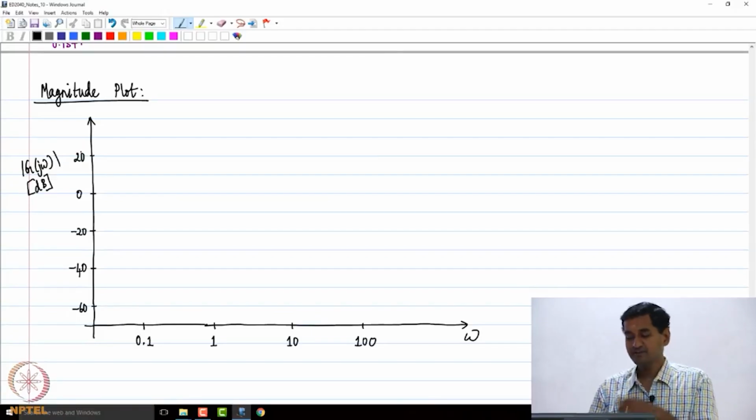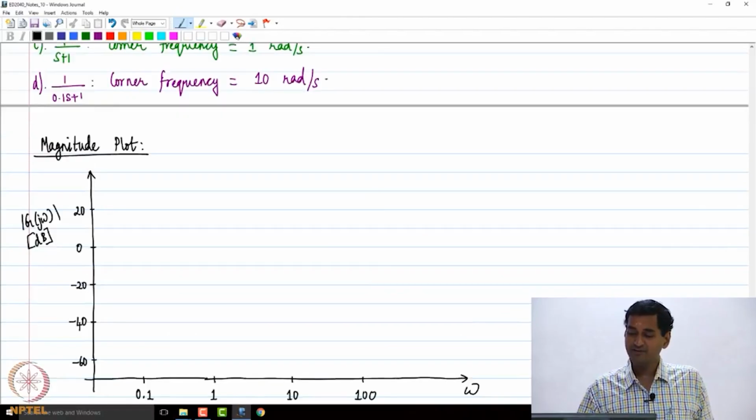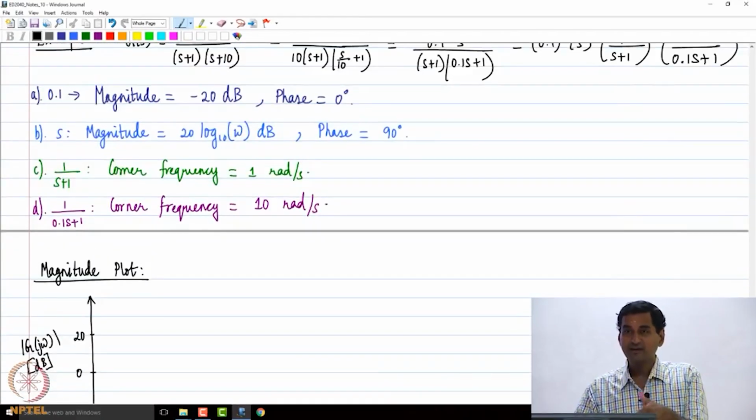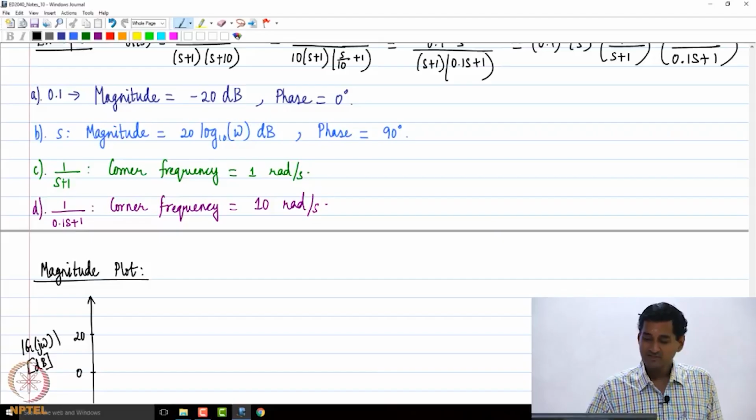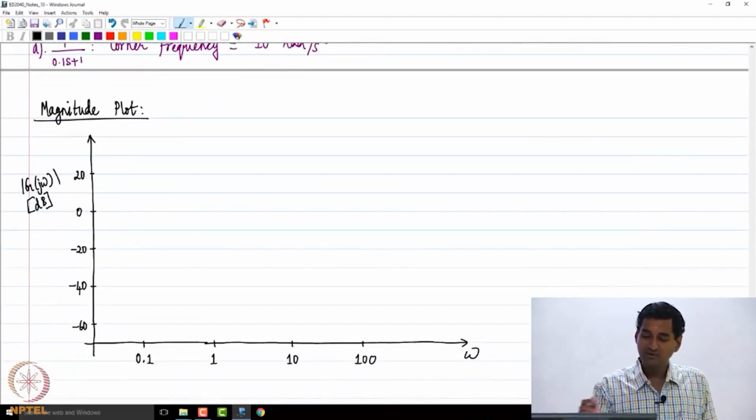Okay. So, these are my values. So, let us plot each term one by one. I am just going to use the same color code as what I wrote for the 4 factors, so that it is obvious what I am plotting, right. So, let us first take the constant term, 0.1. What is the magnitude plot of the constant term?